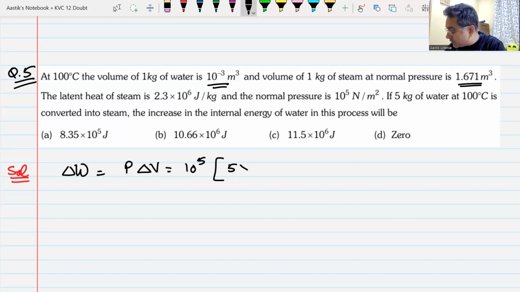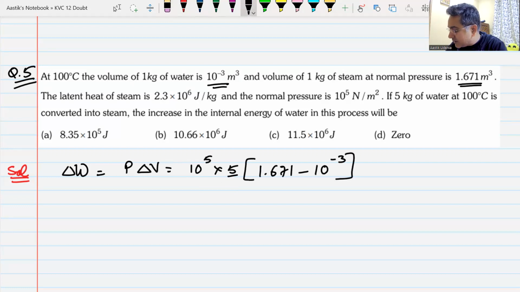So the pressure is 10 raised to the power 5 multiplied by the change in volume, 1.671 minus 10 raised to the power of -3. I multiplied it by 5 because this is 5 kg of water. So I will multiply this and I think you will get 0.835. I'm just noting down from the answers that I have.